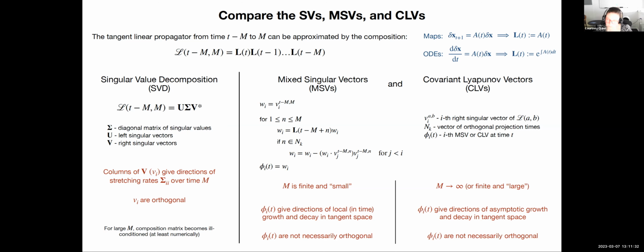Part of the motivation here, and Courtney's paper shows this, is that the empirical approach taken by ECMWF can basically be replaced by just using the tools for generating covariant Lyapunov vectors.